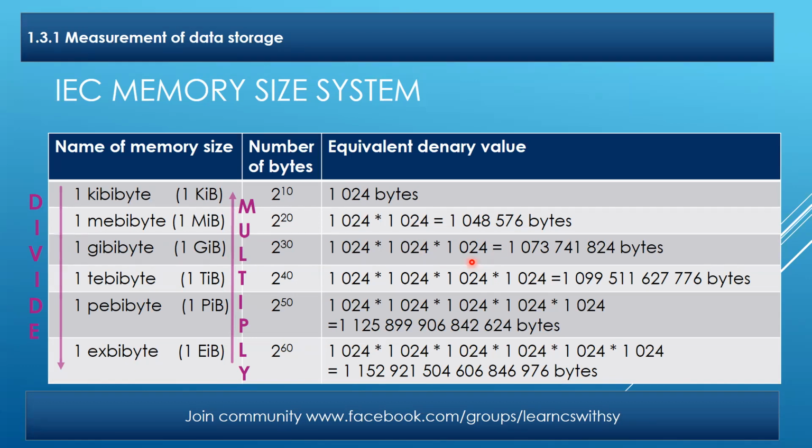Okay? Any questions, any ambiguity? And remember, these are your IEC memory size system. These values are supposed to be answered based on 1024 and its multiples, not with 1000 multiples. Okay? Any issues?